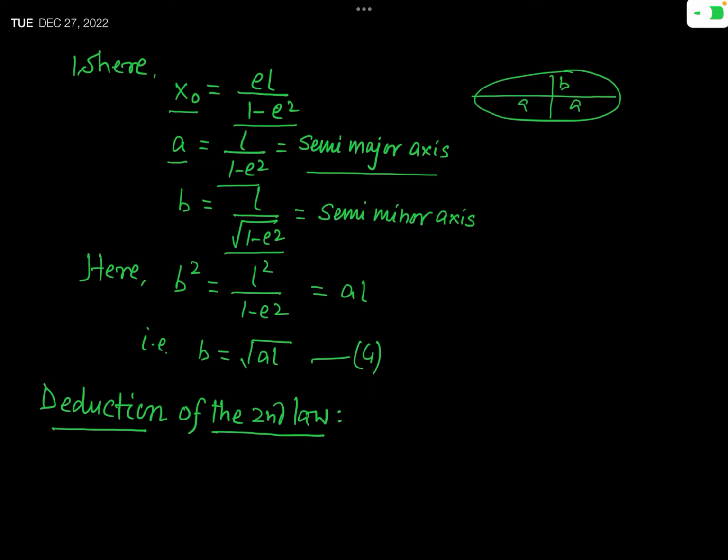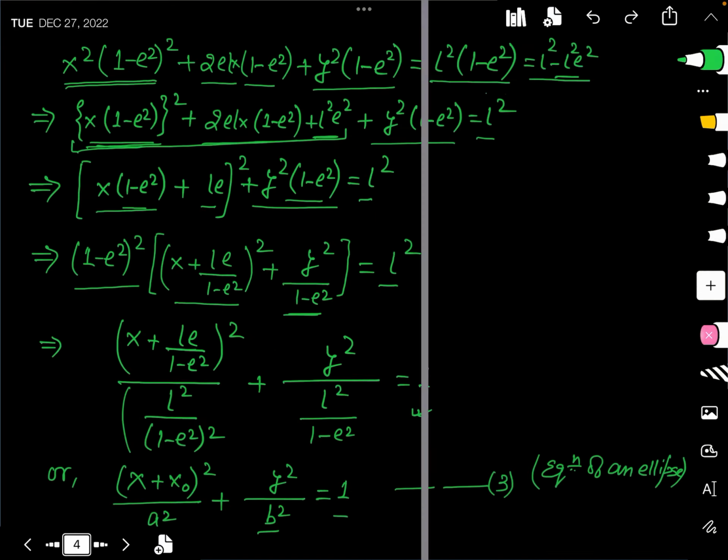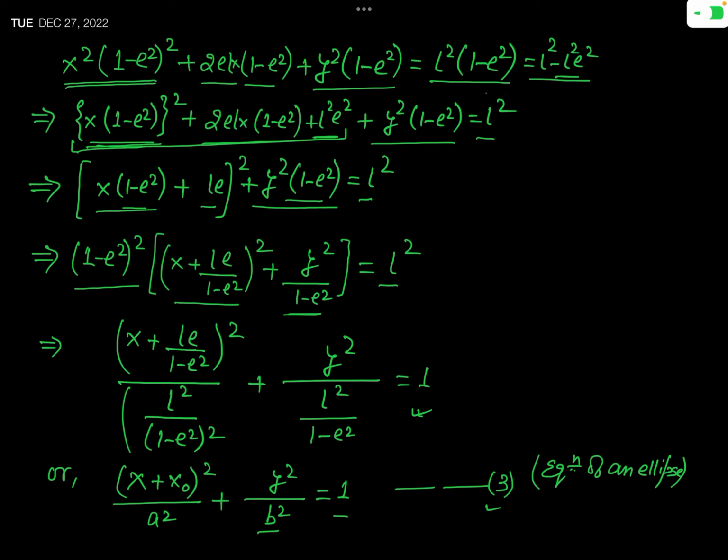Okay. So you can see that this equation, that is equation number 3, actually is the equation of an ellipse. And you can also see that while deriving this equation number 3, it is supposed that one of the masses is at the center of the coordinate system. Okay.